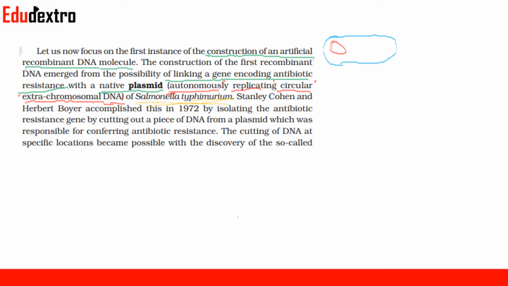So Stanley Cohen and Herbert Boyer were the two scientists who accomplished this in the year 1972 by isolating the antibiotic resistance gene, cutting out a piece of DNA from a plasmid which was responsible for conferring the antibiotic resistance.